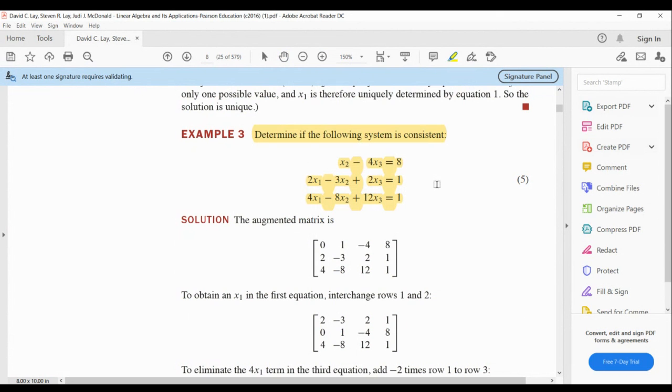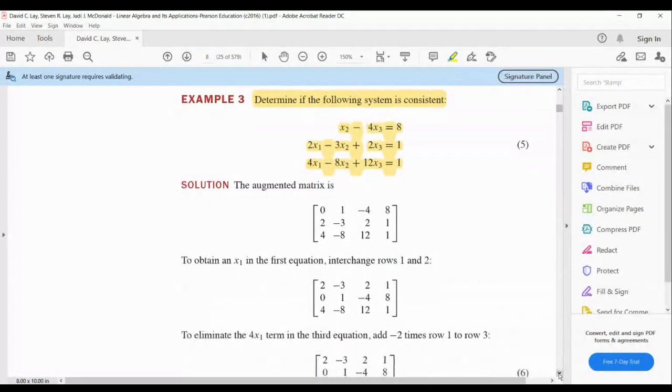And this system represents three planes in three-dimensional space where you have an x1 axis, an x2 axis, and an x3 axis. Okay, so now you don't need to copy this down. This is in your ebook. But let's just look at what they're doing.